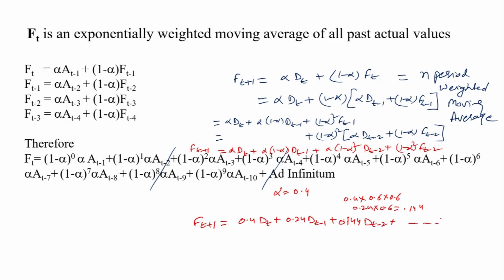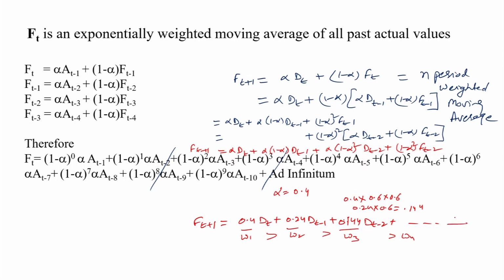So, what you are finding? The weights are decreasing. This is your W1, this is W2, this is greater than W3, this will be greater than W4. W4 will be 0.144 into 0.6, like this.